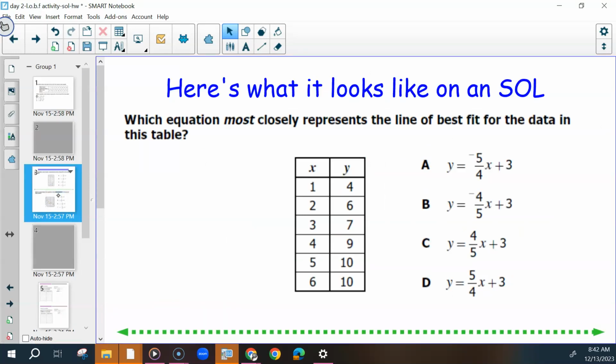Here are some other examples of what it might look like on an SOL. So let's go ahead and put this table into decimals first. Did anyone do the last one in the calculator that needed or wanted to see it? Okay. So go ahead and put this table into decimals.